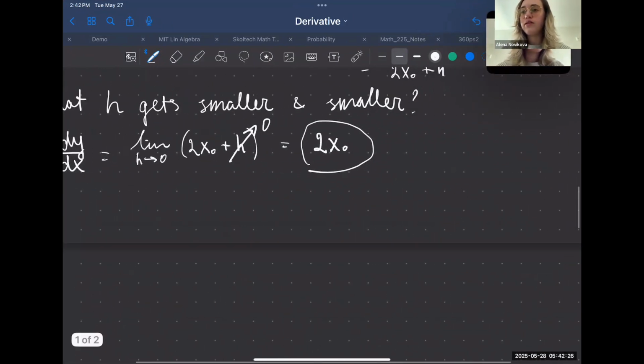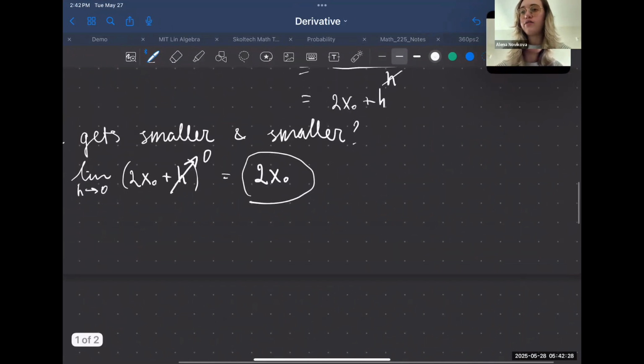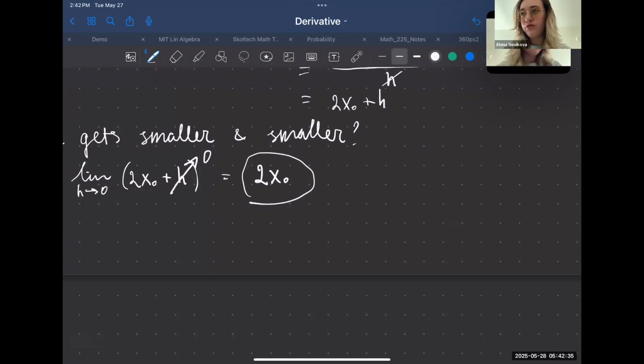So this is telling us one thing. First of all, as the rate of change gets smaller and smaller, obviously we get rid of that x final value. So it's not dependent on your final value at all. You just need your x initial, x naught, that you're starting with.